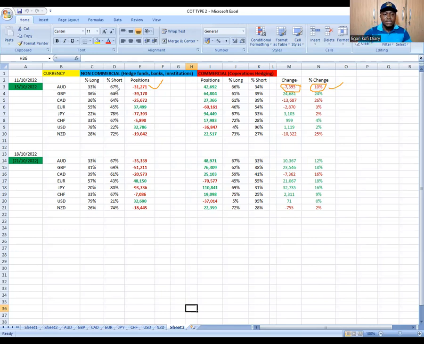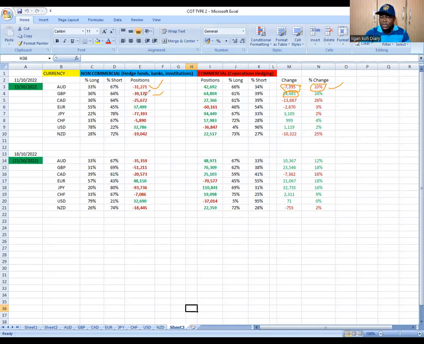Fine. GBP is also bearish, but the number of traders who are bearish increased. I just want to use this alone to give you the signal. Listen carefully.